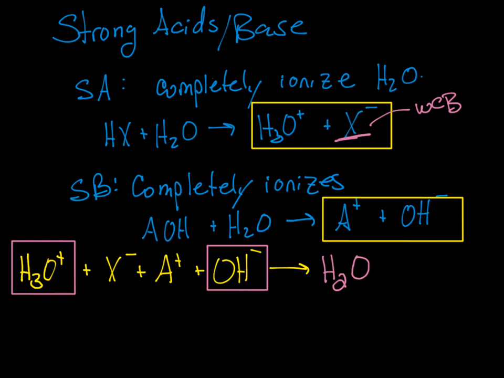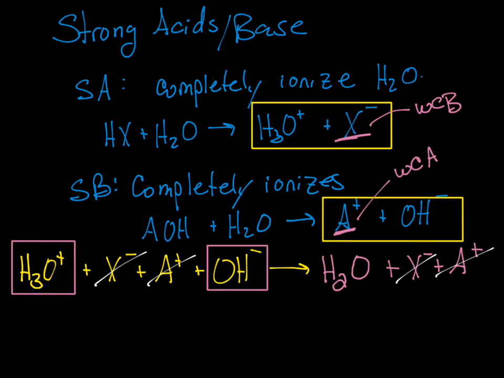And the conjugate acid of a strong base is also weak, which means our cation and anion are just going to continue floating around. So if we think about net ionic equations, our ions will cross out.